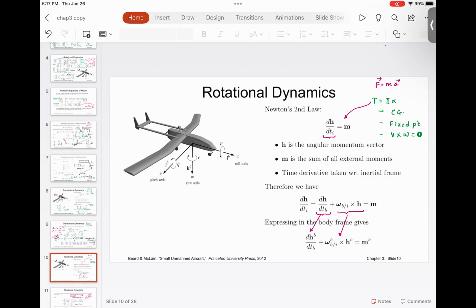If I had a rectangular block, then I would need to consider the moment of inertia in 3 axes. This is the torque or moment. It is absolutely critical to understand that this equation, the way I have applied it, works because I took the moments about this point O. So this is the torque about O, and this is I about O.